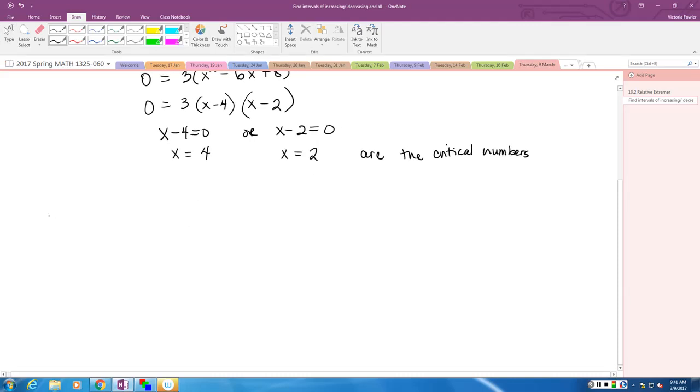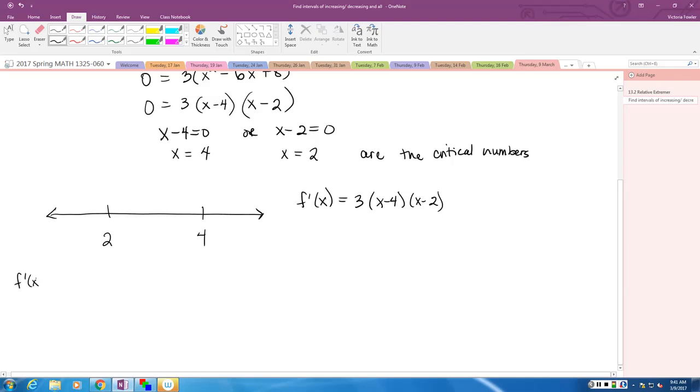Okay, so the next thing that we do, draw the number line, make sure that you have them related to each other on the number line correctly. So I've got 2 and then 4. I recommend putting the first derivative down here in factored form, so I'm going to use the 3 and then the quantity x minus 4, x minus 2.